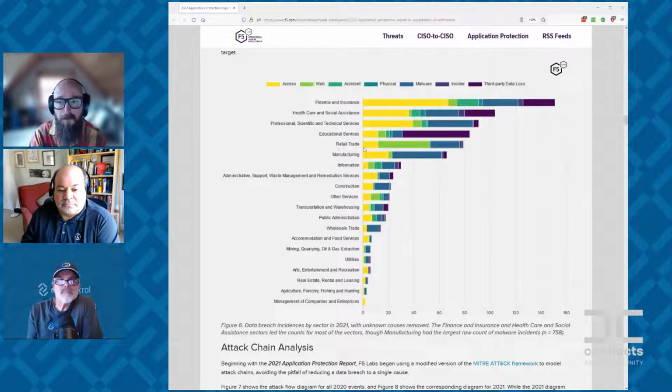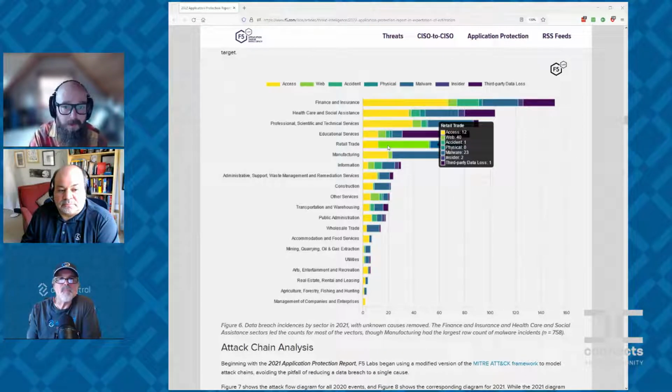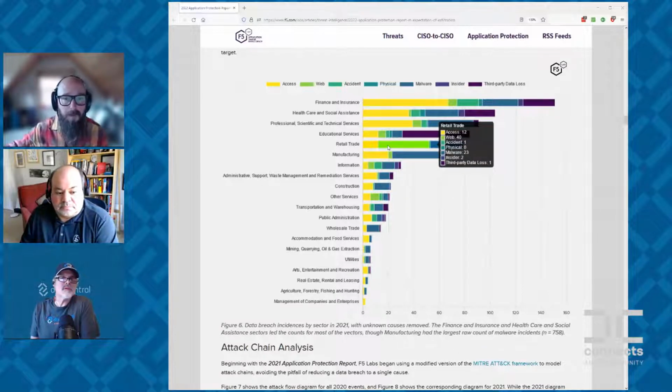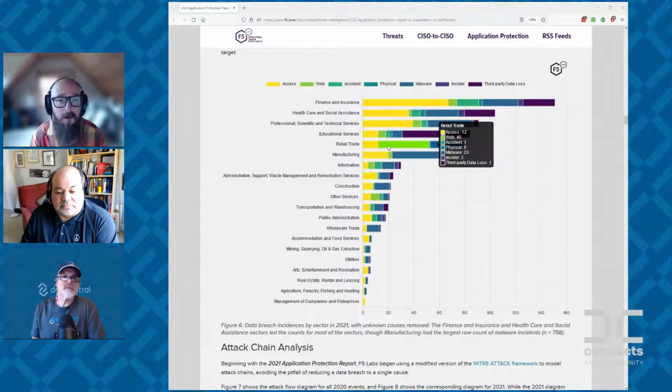And this is really the kicker: the only sector that has a high incidence of web exploits is the retail industry. And the vast majority of the web exploits that we see in this kind of data, because the big stuff like Accellion and Log4j don't tend to surface in these breach disclosures since they don't always leak customer data, is almost all Magecart style stuff.